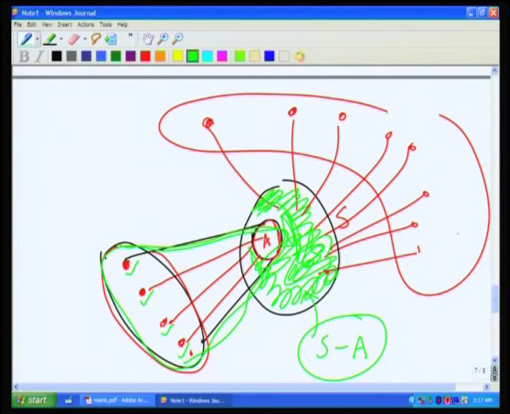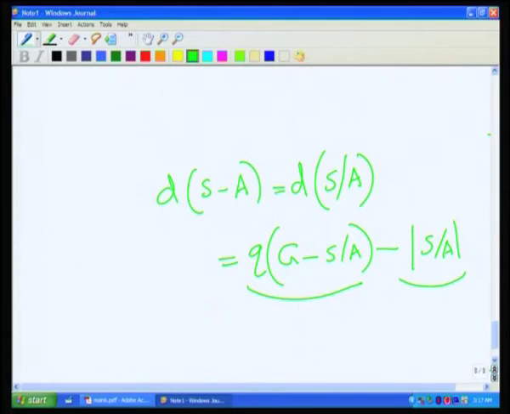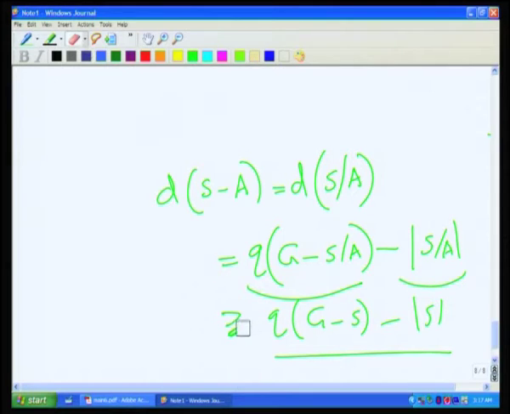So, what is the reduction? The cardinality of n of A will be the reduction in the first term, while in the second term the reduction is the cardinality of A, but the cardinality of A is the bigger term, therefore you are reducing more here. So overall this will be strictly bigger than q of G minus S minus S. Therefore, this will be a contradiction.